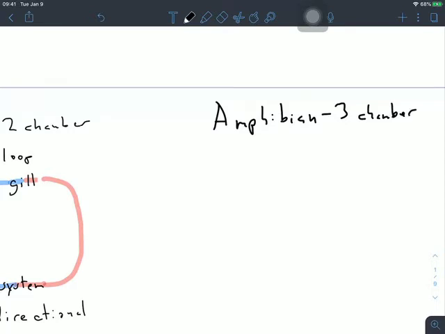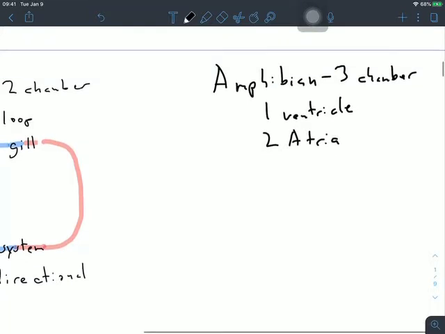In this case, still 1 ventricle, 2 atria, and more importantly, 2 routes. Or we start to see 2 kind of loops develop.